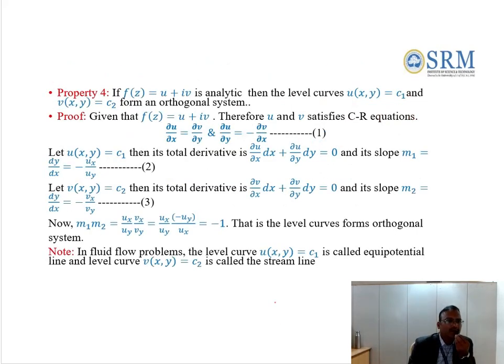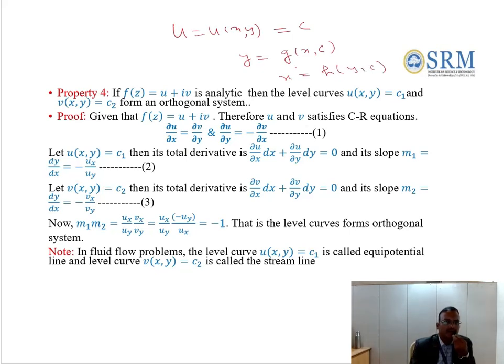Now property number 4: if f of z equal to u plus iv is an analytic function, then the level curves. Why do we say level curve? u is a function of x comma y. If it is equal to some constant, then we can write y equal to some function g of x comma c, or x equal to some h of y comma c.